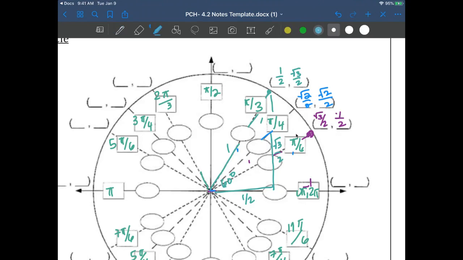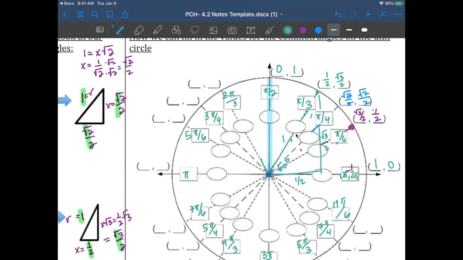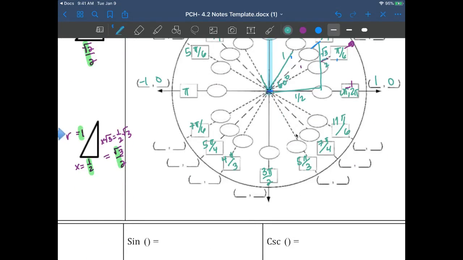This part, when I just move upward, my x value is 0, my y value is 1. When I just at 0, my x value is 1, my y value is 0. Okay. My x value is -1 and 0 at pi. My y value is 0, -1.